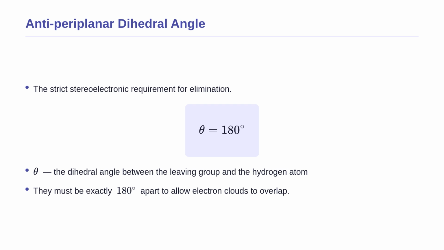The symbol theta represents the dihedral angle between the leaving group and the hydrogen atom being removed, measured in degrees. For the electron clouds to overlap and push the leaving group out, this angle must be exactly 180 degrees. This means they must be perfectly anti-periplanar. If this angle deviates significantly, the orbital overlap fails and the reaction cannot proceed, no matter how stable the final product might be.